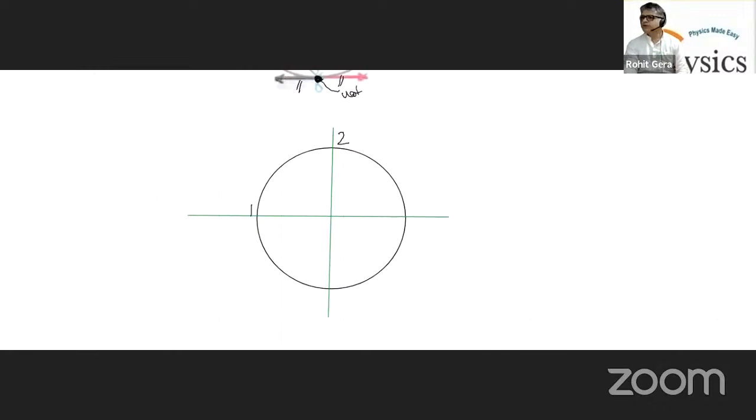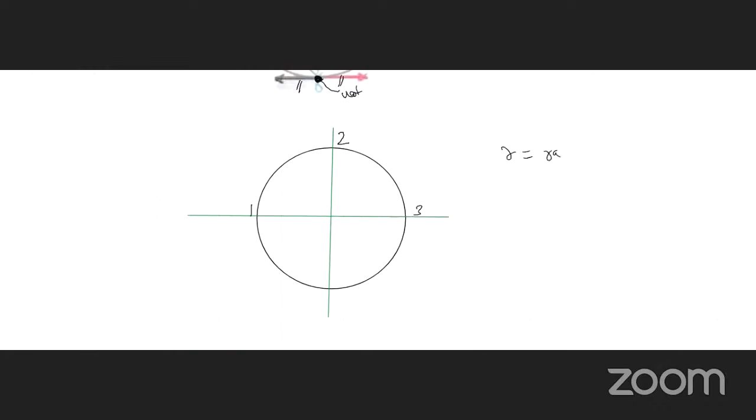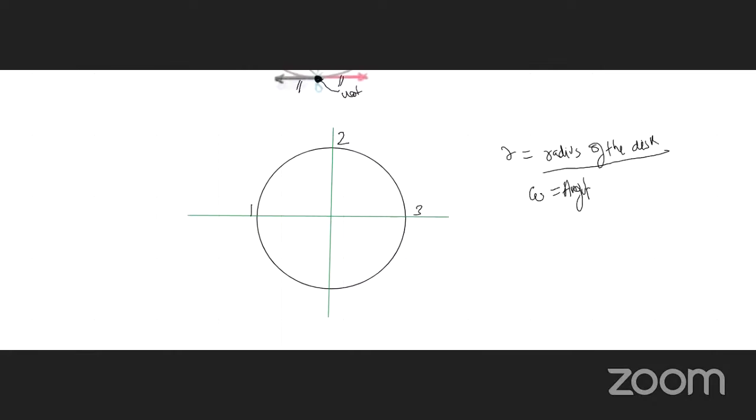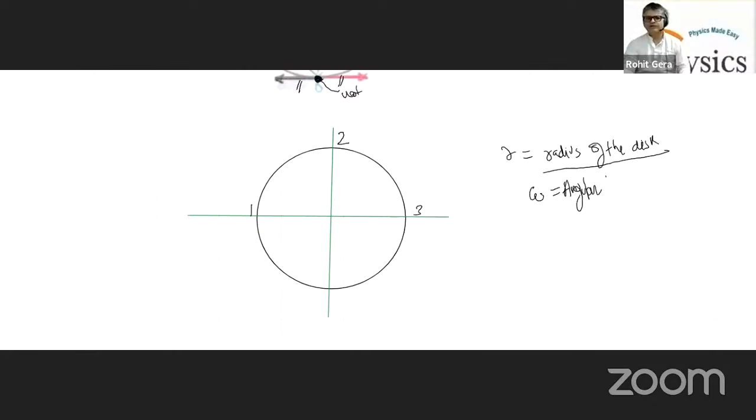Okay. Now the question is that it's a uniform disk and the radius of the disk is given to be r. That's the radius of the disk which is available to you, and this omega is the angular speed, the angular velocity, which is given to you. It is also given that the angular velocity keeps on changing, so it has angular acceleration equal to alpha.